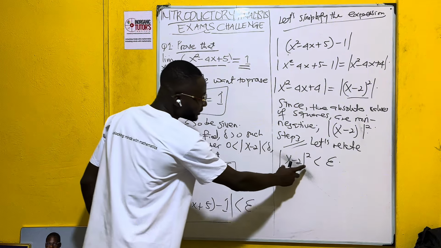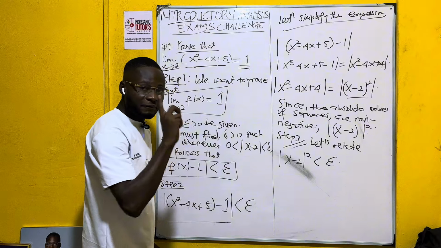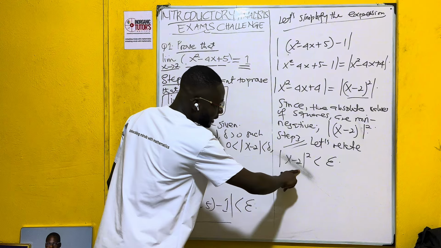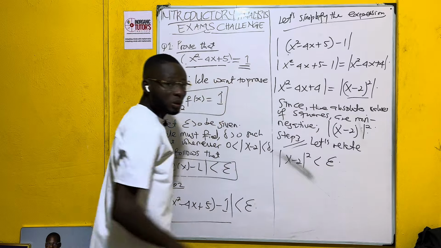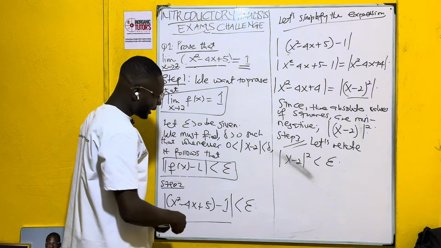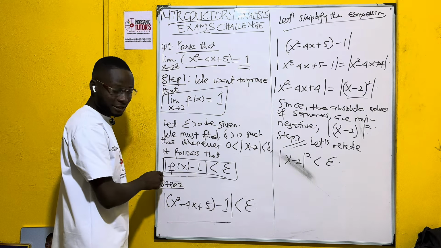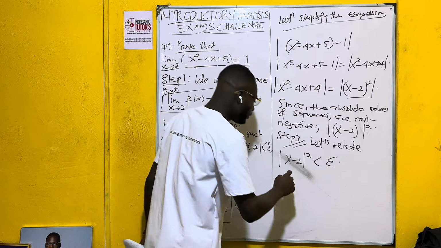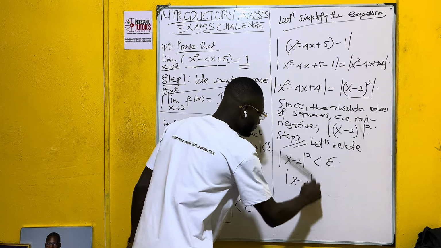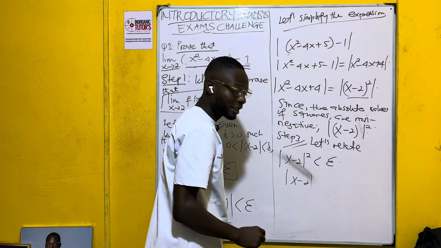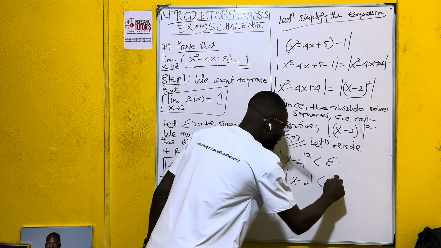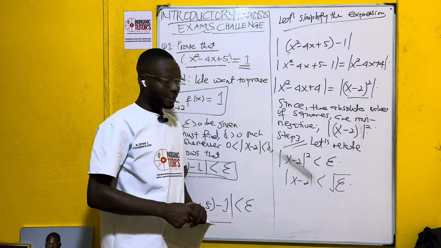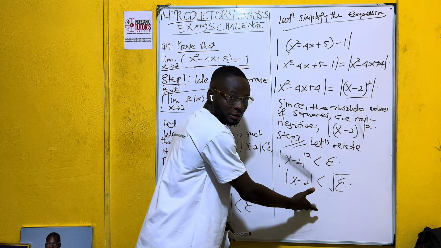This will only be satisfied if the absolute value of x minus 2 is less than the square root of epsilon. So this is the condition.